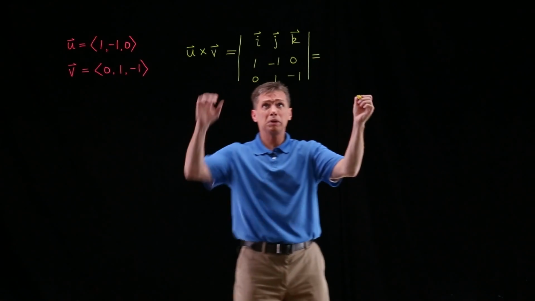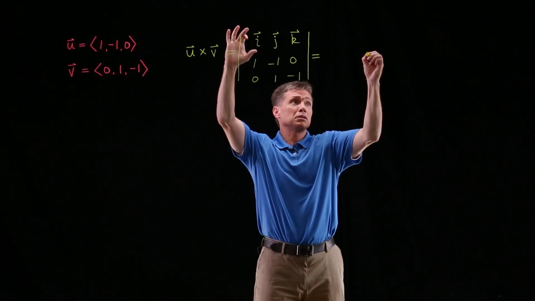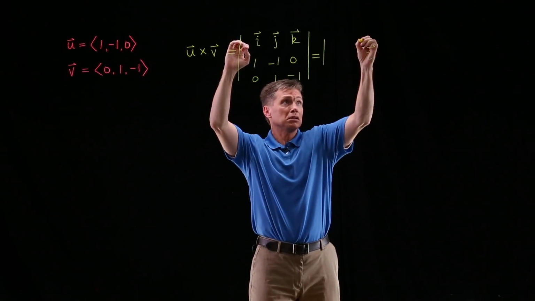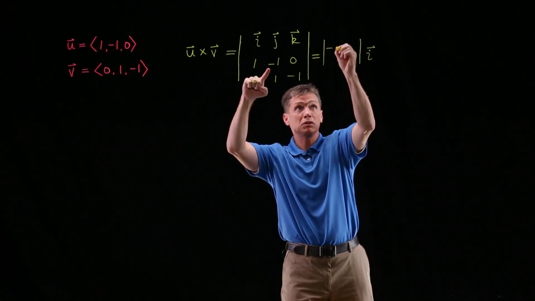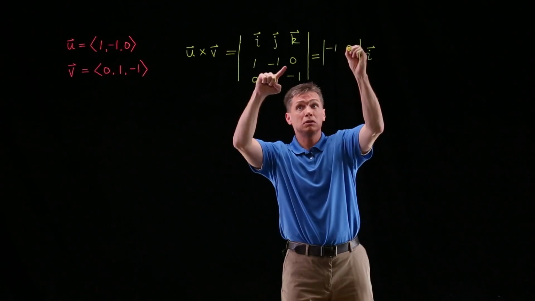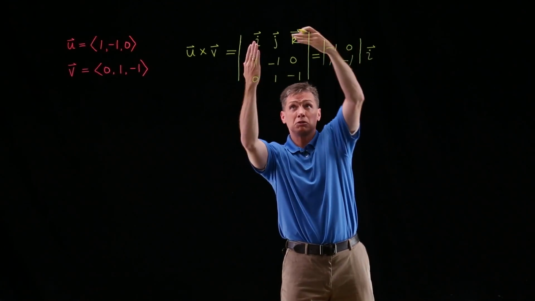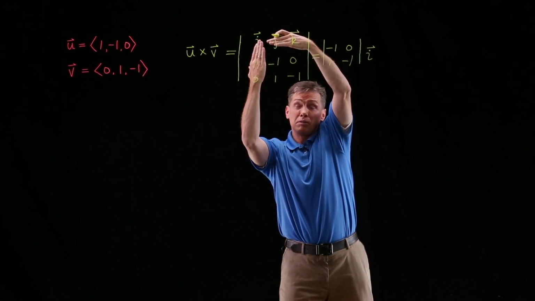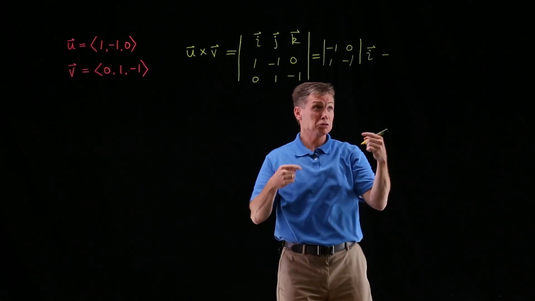For the cofactor expansion, I'm going to go across the top row and get my i vector and have it multiply by the determinant of a submatrix, which in this case will look like minus 1, 0, 1, minus 1. Your submatrix is coming from covering up the row and column that have i. Minus, the minus is part of your cofactor expansion.